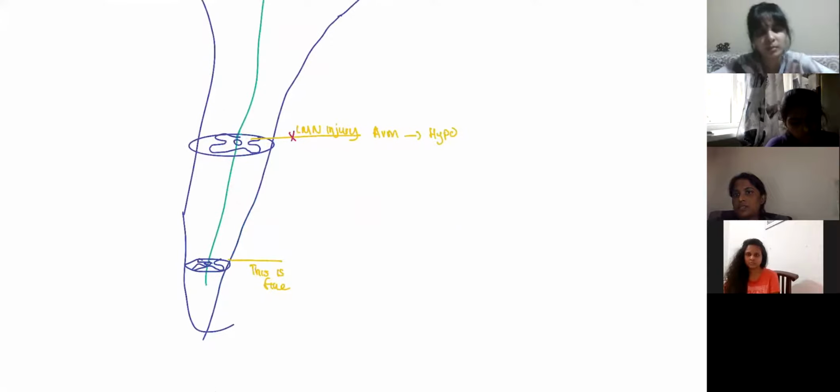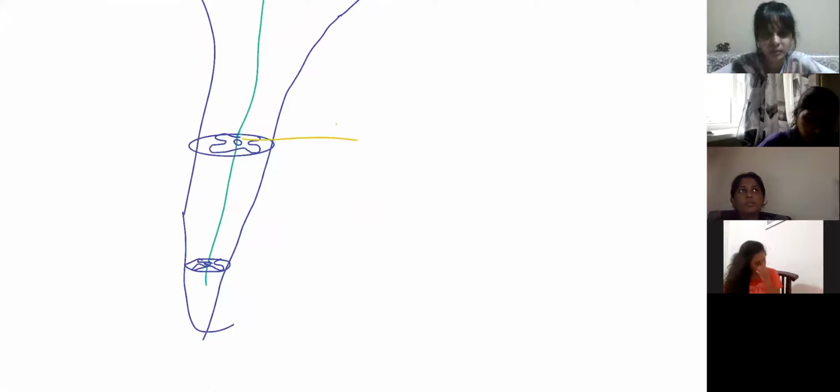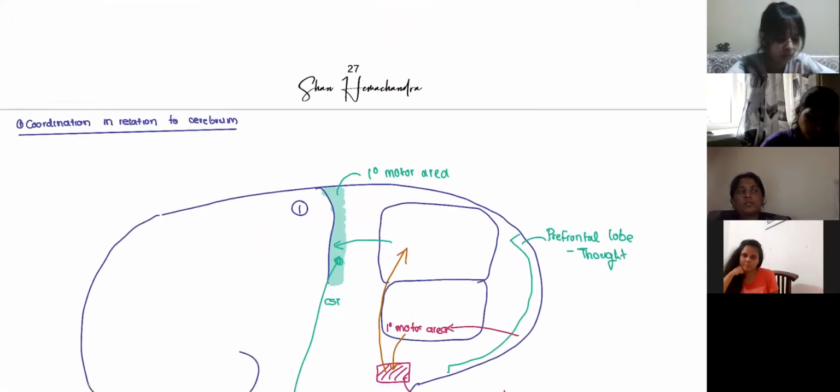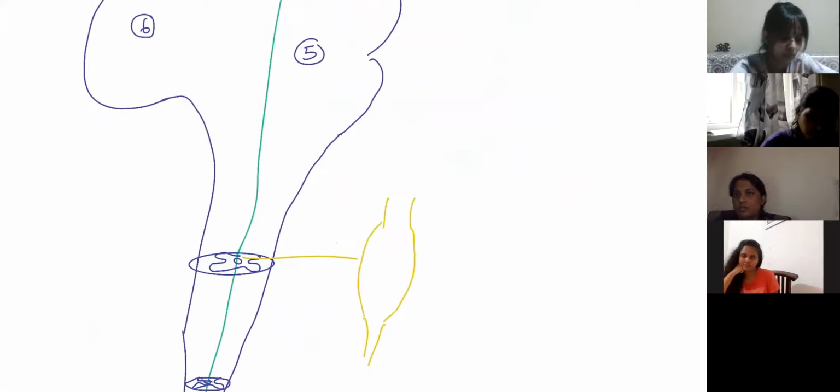The legs will show hyperreflexia. Okay. Now back to the spinal cord lecture. So then, okay, now I told you what happens, and the workers will cause the muscles to contract. Okay.